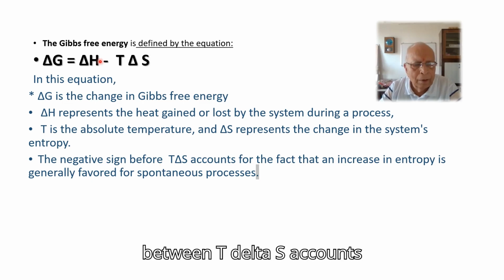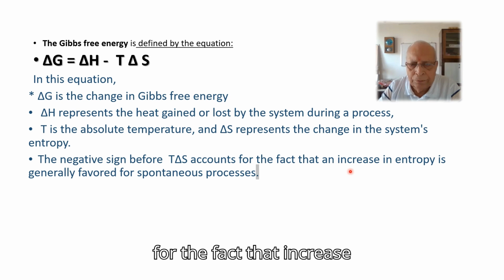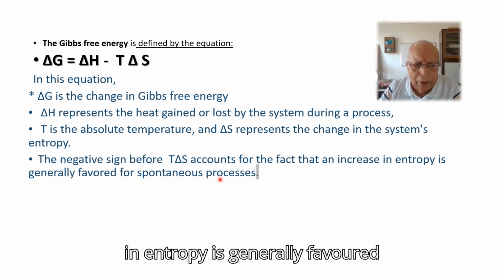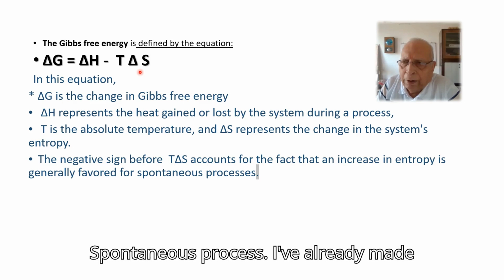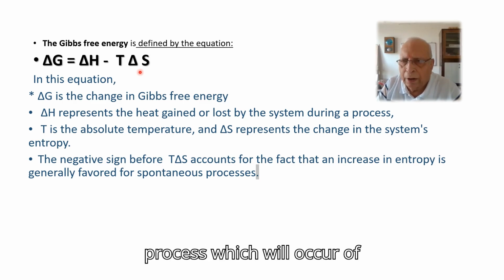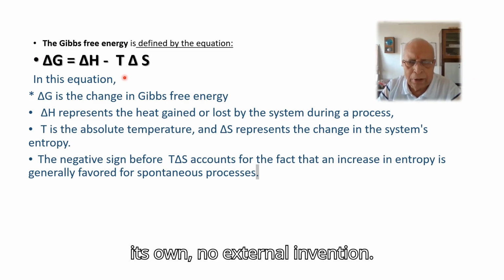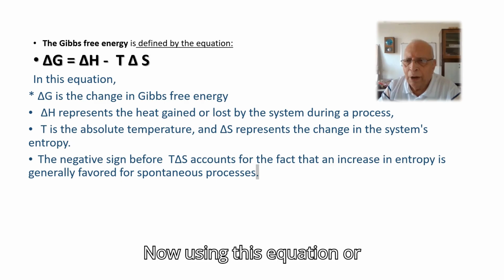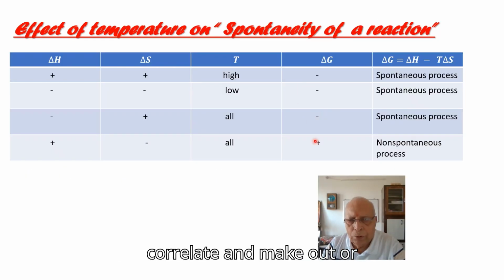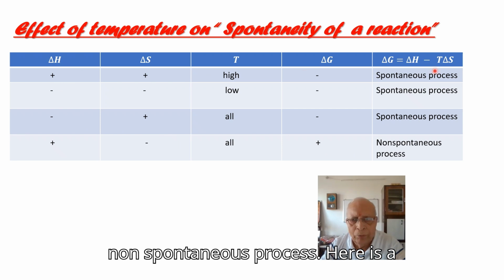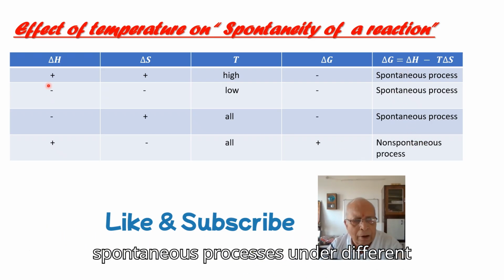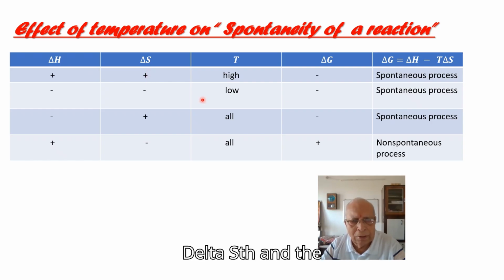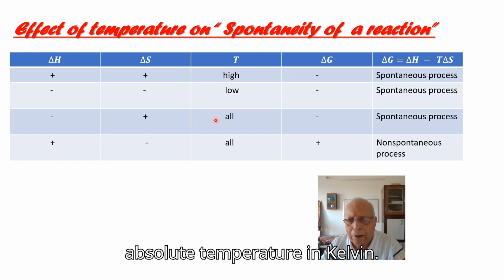The negative sign before T delta S accounts for the fact that an increase in entropy is generally favored by a spontaneous process. Spontaneous process, I have already made it clear, is a process which will occur of its own, with no external intervention. Now, using this equation or expression, we can mathematically correlate and infer a spontaneous or a non-spontaneous process. Here is a table which indicates spontaneous and non-spontaneous processes under different conditions of delta H, delta S, and the absolute temperature in Kelvin.